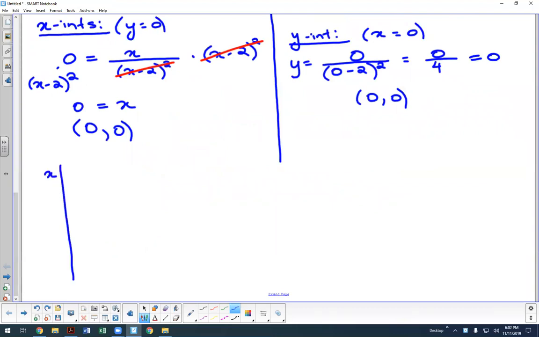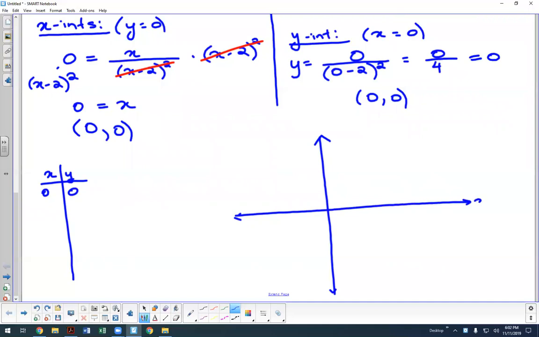So we have 0, 0 from our intercepts. Let's see what other information from our graph do we have. We know there's no symmetry.